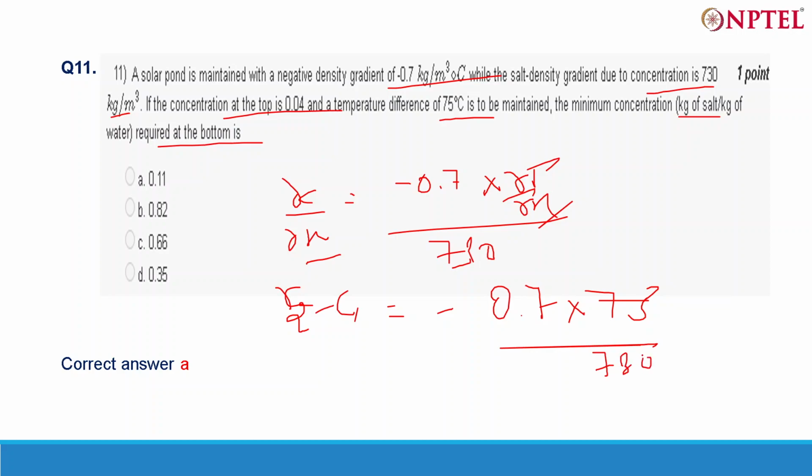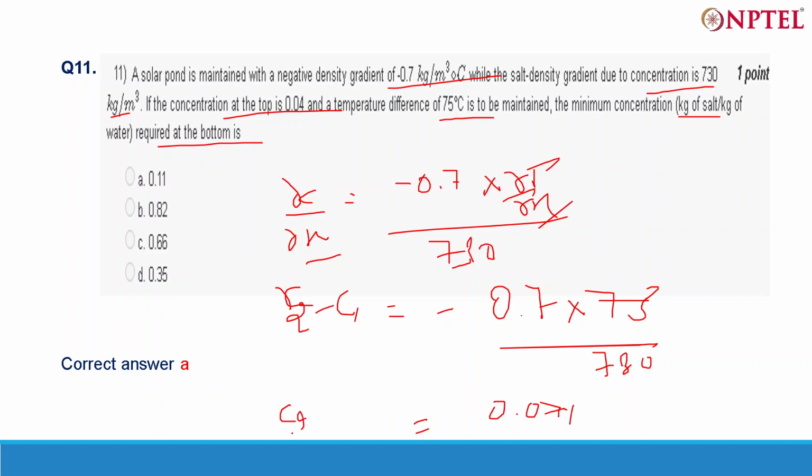So this comes out to be 0.7 into 75 divided by 730. So this is 0.071.